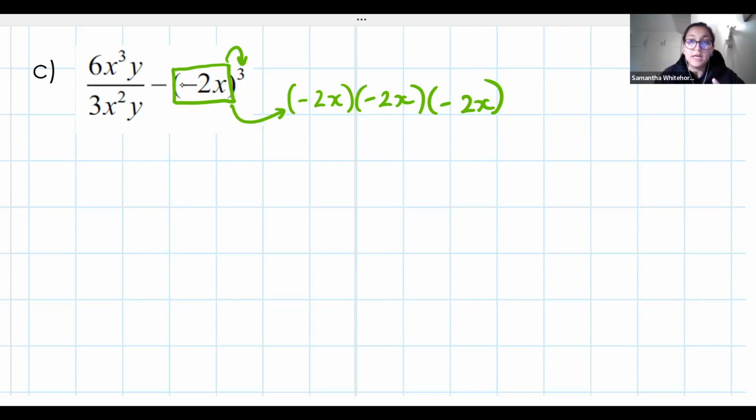I will give you one hint. You should have 2 terms in your answer. I'm going to give you 30 seconds and then we're going to have a look.